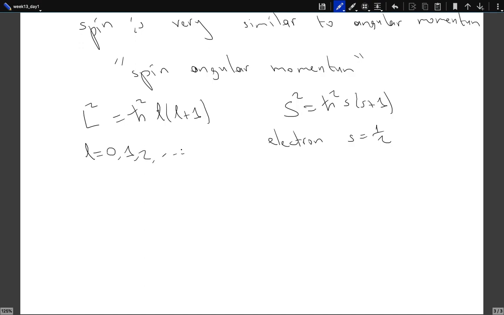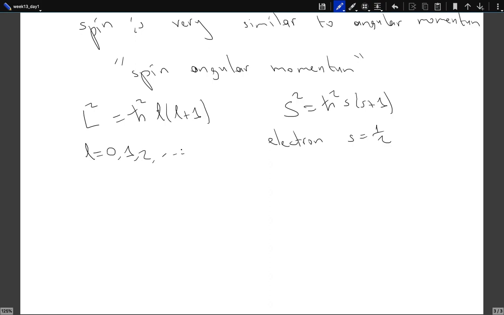L can never be 1/2. Well, this is one thing against interpreting this spin of the electron as if it's a sphere rotating around itself. It doesn't work, mainly because that kind of rotation can only take these values, not S equal to 1/2.